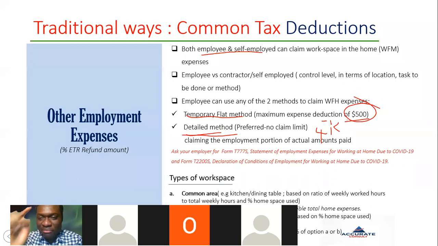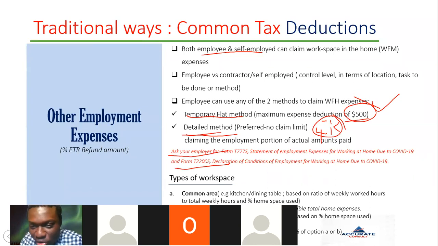So our advice to every one of us at this point is don't settle for this $500, because if you claim as much as 4K, you can increase your refund by at least 1K, depending on your taxable income, but at least close to 1K. So what I would recommend is talk to your HR, talk to your employer.